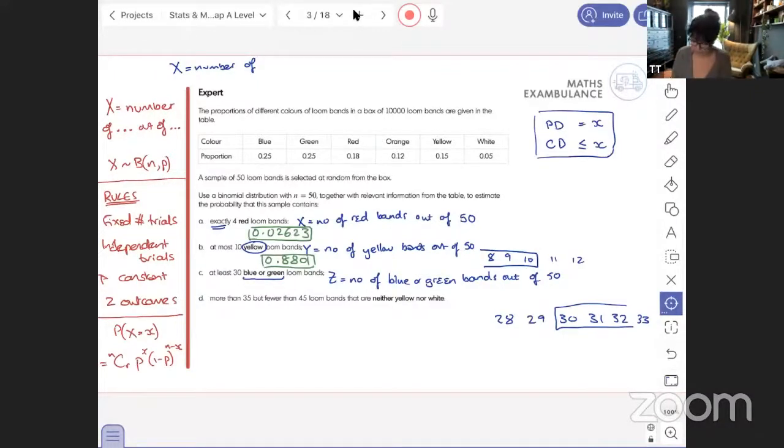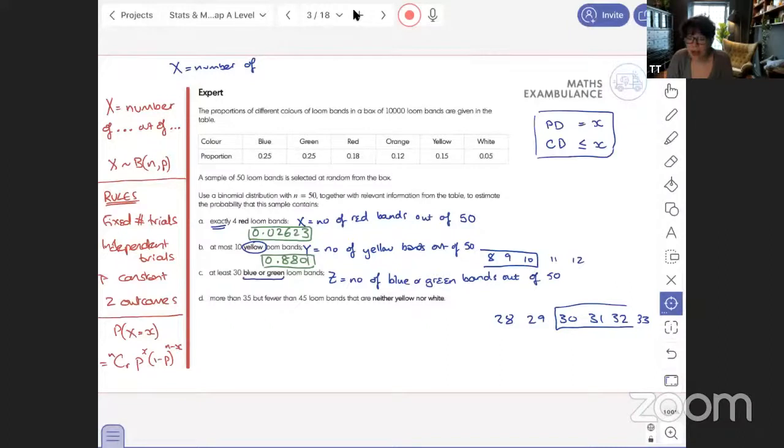So in this case, success is being blue or green. And then you go, yes, success. So the blue or green would be 0.5, because you're just basically merging these together to just say blue, green, I don't care which is which.